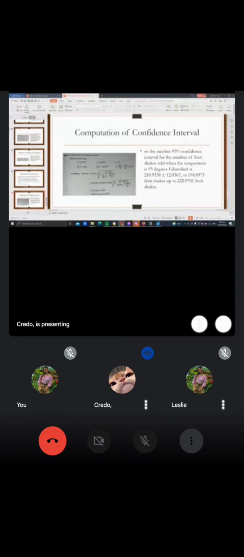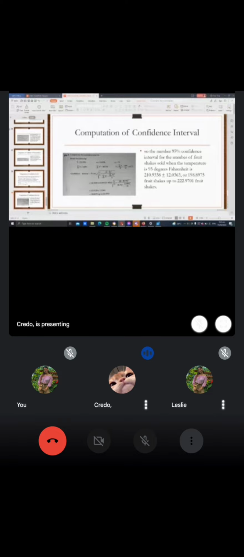As you can see here, in step 4, it is the computation on how to find the confidence interval, which runs from 198.8975 up to 222.9701.